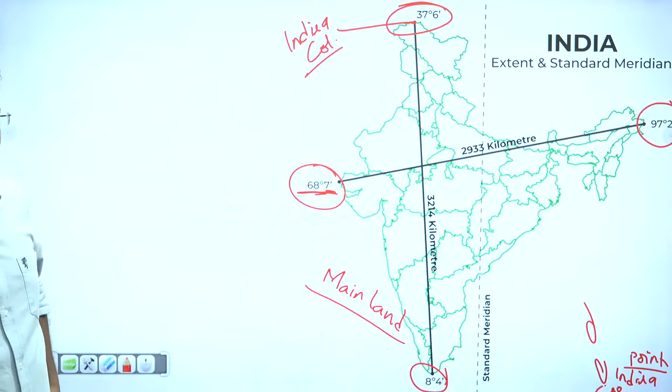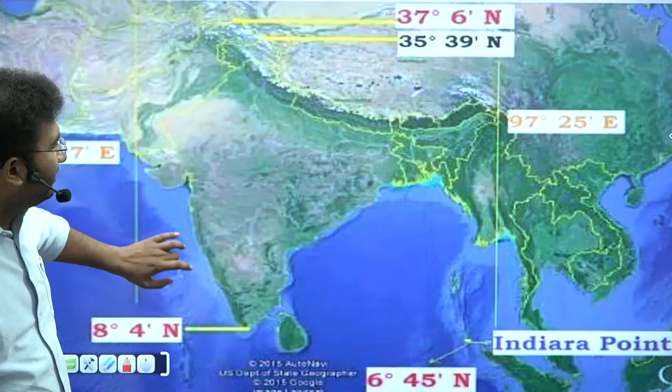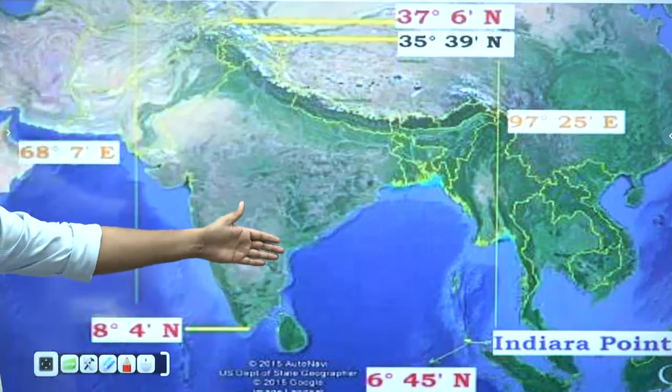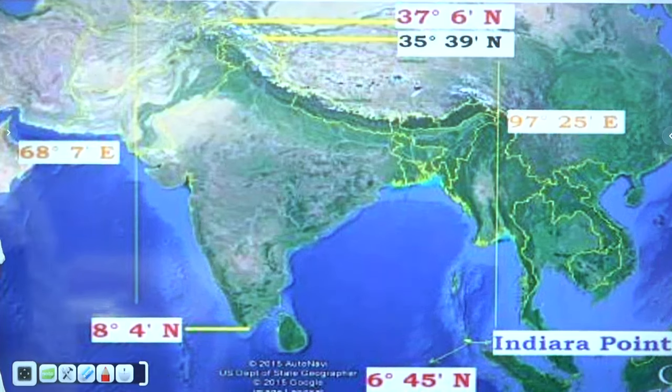Right? These are two different places. So broadly, look here. This is Indira Point, 6 degrees 45 minutes north. Northernmost point of India, Indira Col.